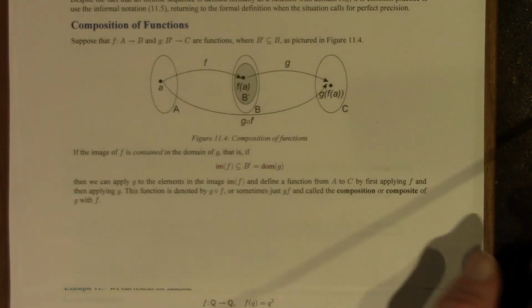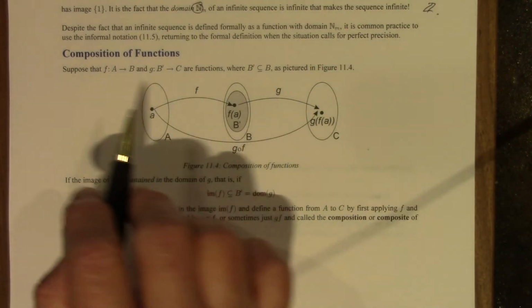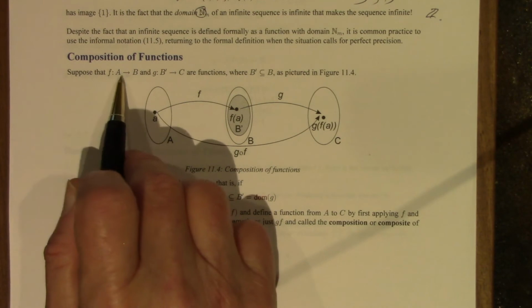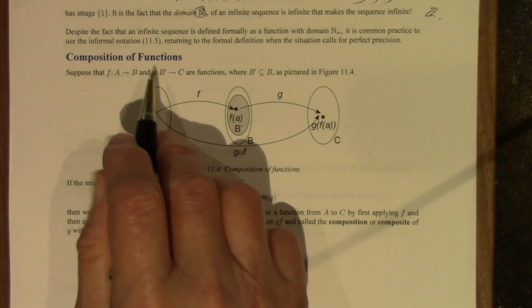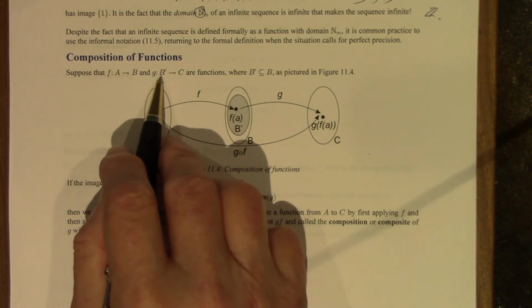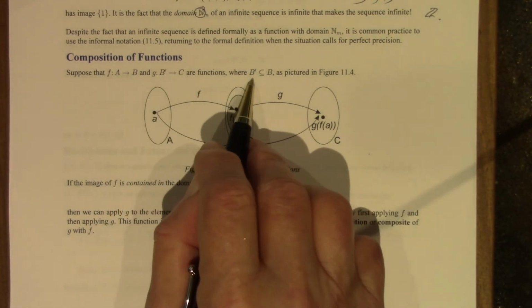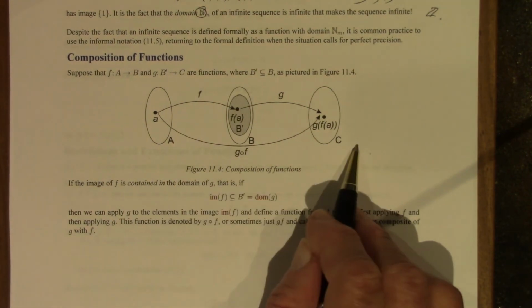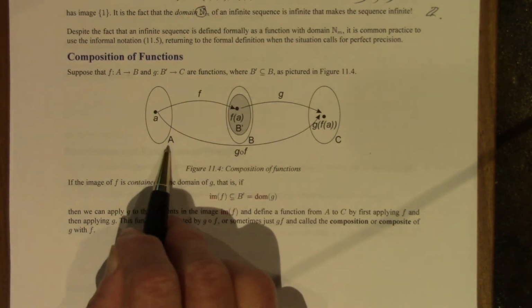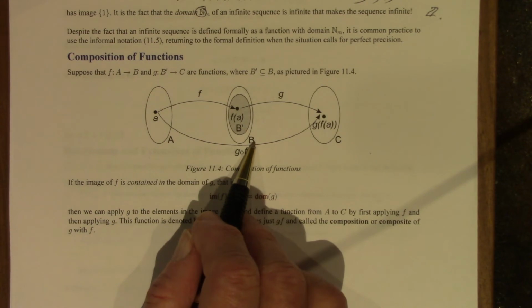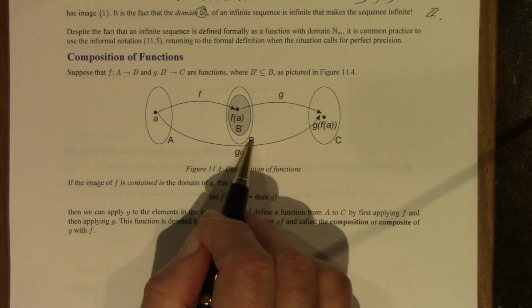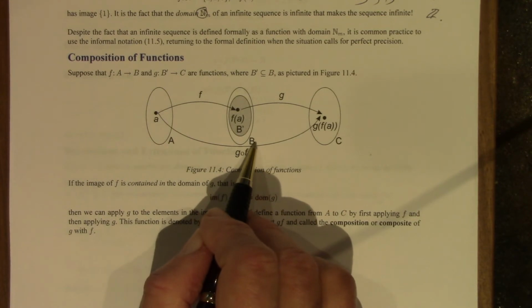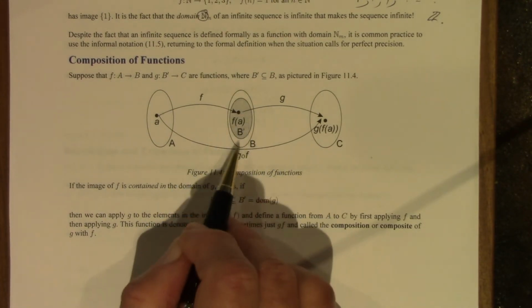Now let's take a look at composition of functions. Suppose we have a function f from A to B and another function g from B prime to C, where B prime is a subset of B. And here's the picture. f maps A to B. This is the codomain of f, the set B. Inside the codomain sits B prime.